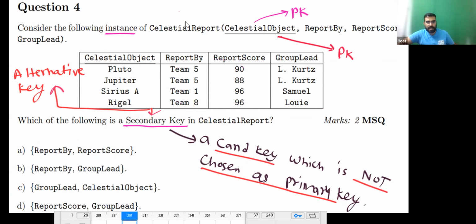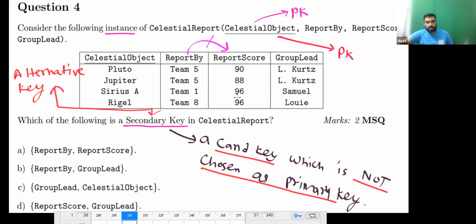But remember, is any subset a key? You also have to check the subset, right? You can clearly notice that the subset is not a key. For example, this report by cannot be a key, because you can notice team 5.